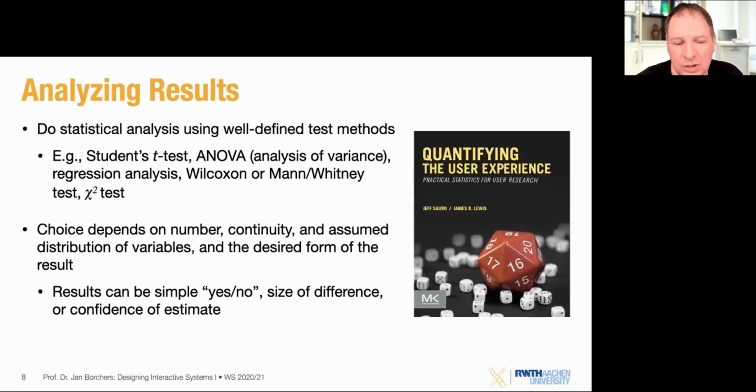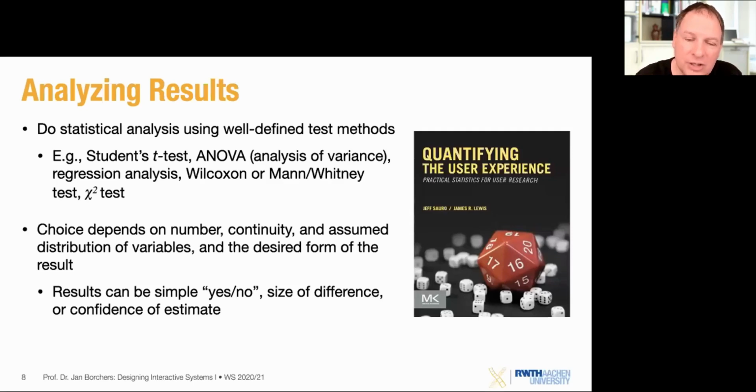And finally, your choice will also depend on what kind of result you're looking for. Am I looking for just a yes or no? Like there's a difference or there's no difference between execution times for 2 different conditions? Or am I actually interested in the size of the difference, how much faster one group is than the other? Or am I also interested in how confident I am that this measurement is correct, right?